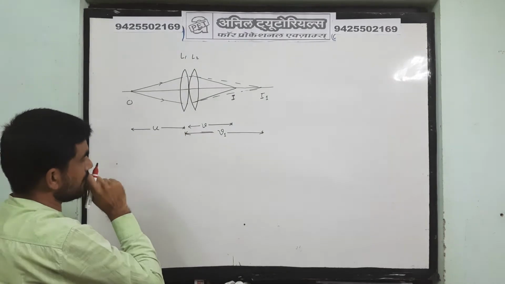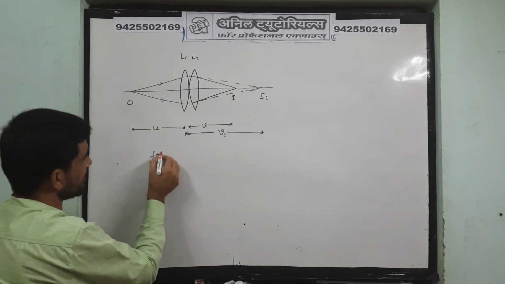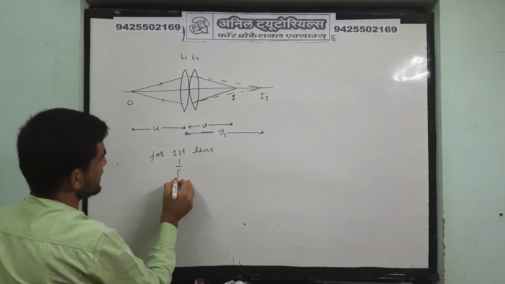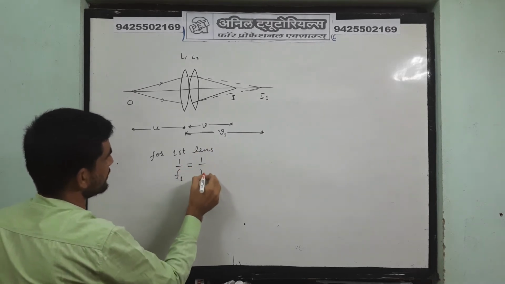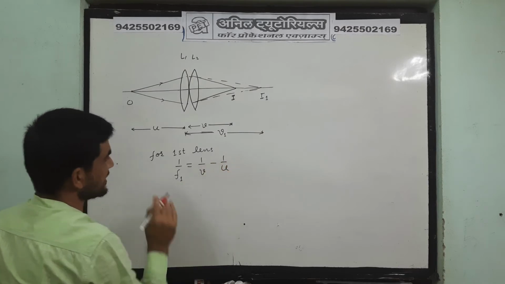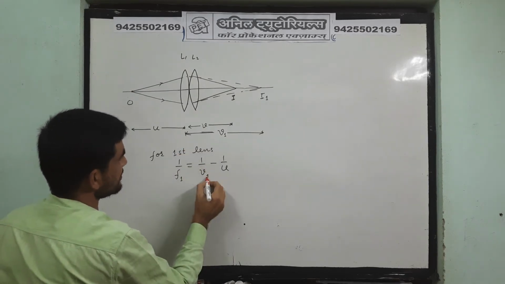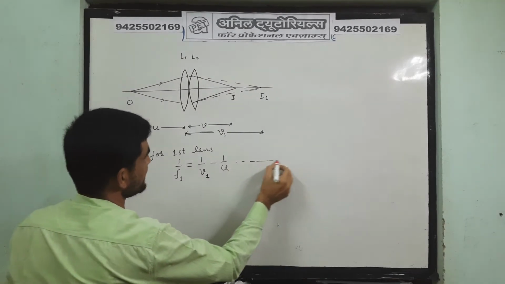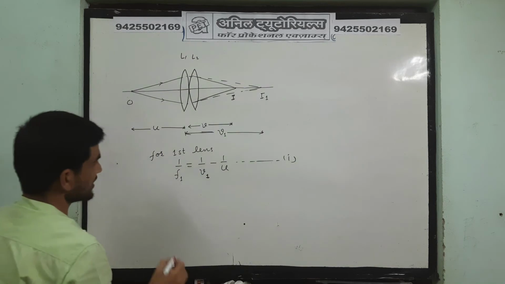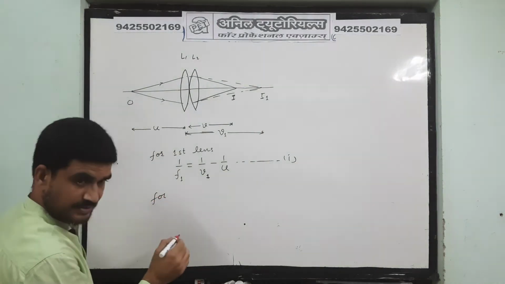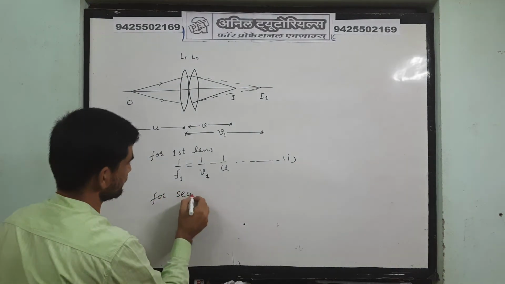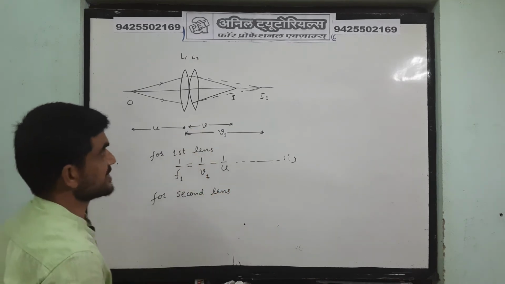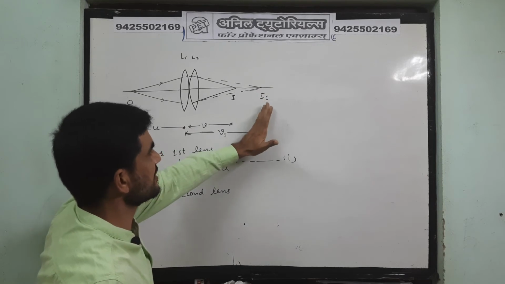So for the first lens, when we apply the lens formula, this is the lens formula, V1 is the position of the image. This will be equation number 1. And for the second lens, as I told you, I1 will act as an object.